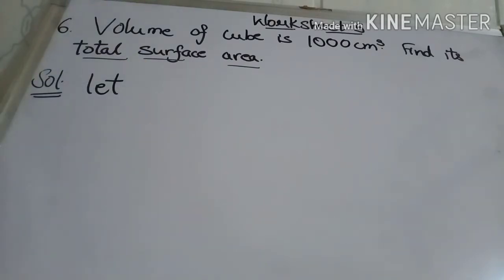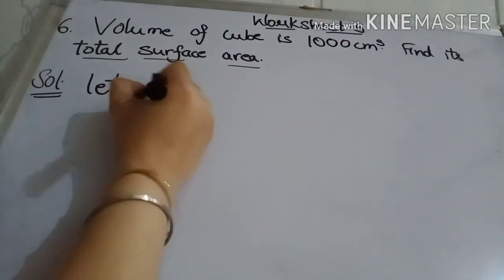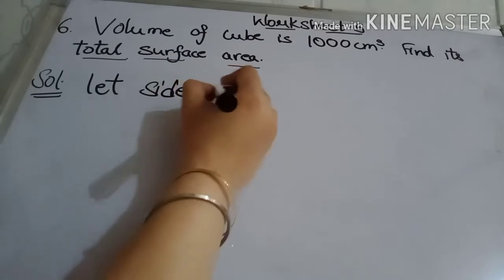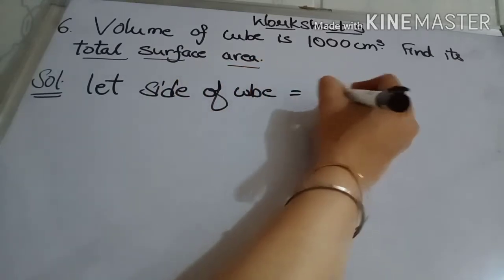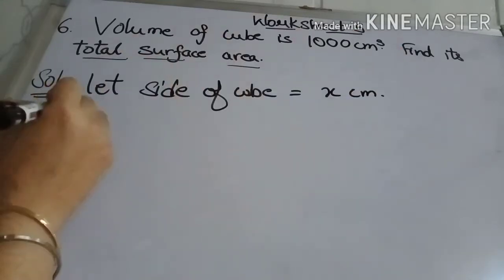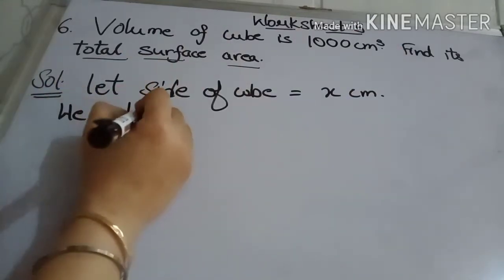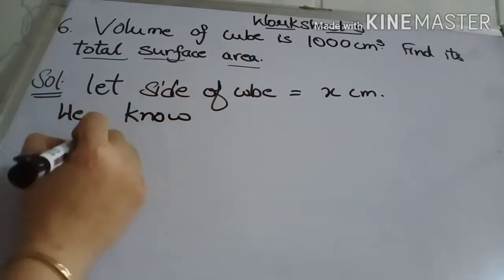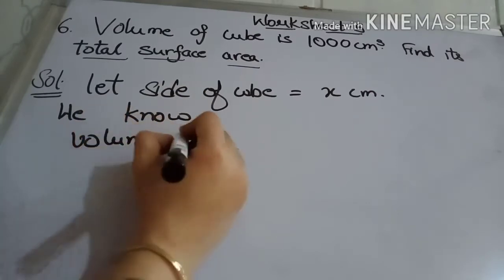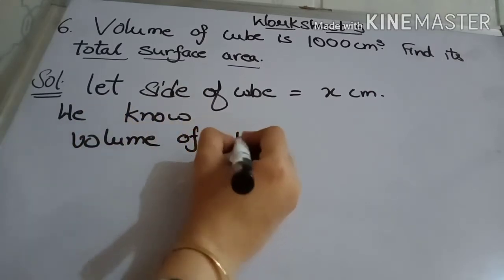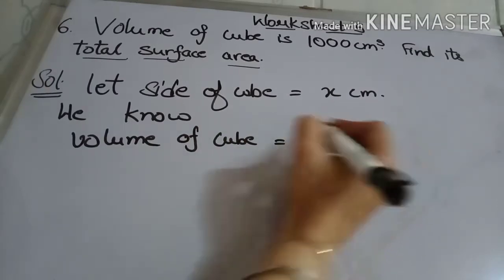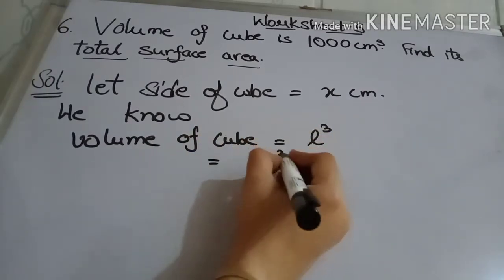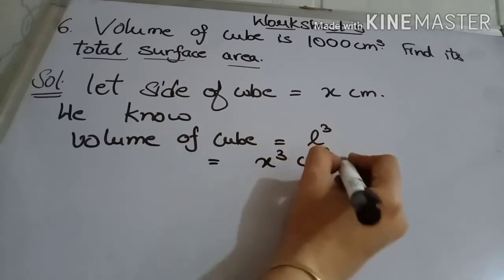For that, let the side of the cube be x centimeter. So, we know the volume of a cube is equal to side cube, that is equal to x cube centimeter cube.